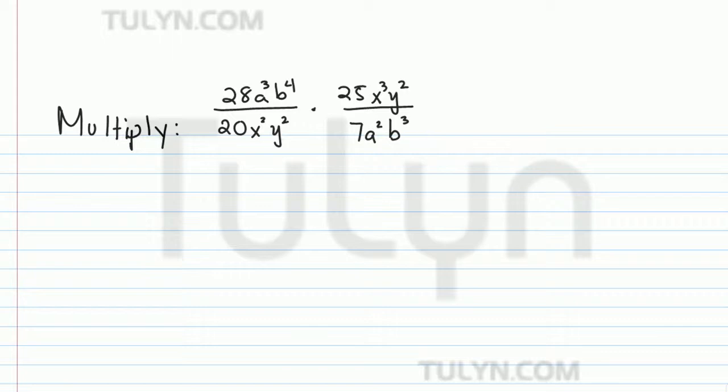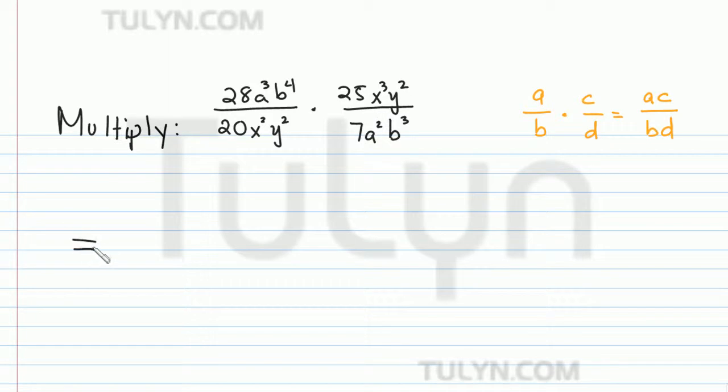Now remember, when you're multiplying two rational expressions, it's just like multiplying two fractions, right? So you have two fractions, one which is a over b, the other which is c over d. The product is just the product of the numerators over the product of the denominators. So it's the same way here, right?